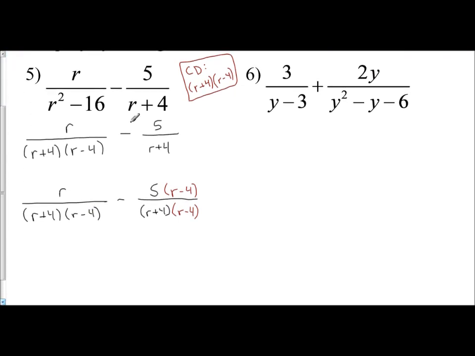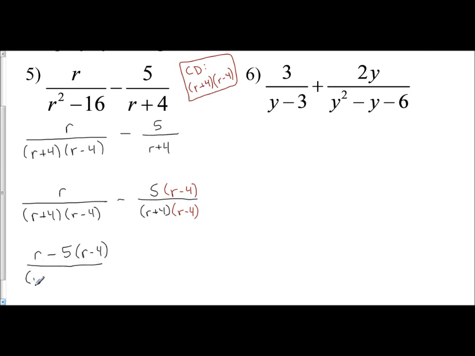So here is the process with subtraction that is a little bit difficult. When you are dealing with simplifying from this point, this r is just going to stay as is. I'm going to rewrite this so it's one fraction to make it easier to see the process. Really, since they both have the same denominator, I have r minus 5 times r minus 4 in the top.